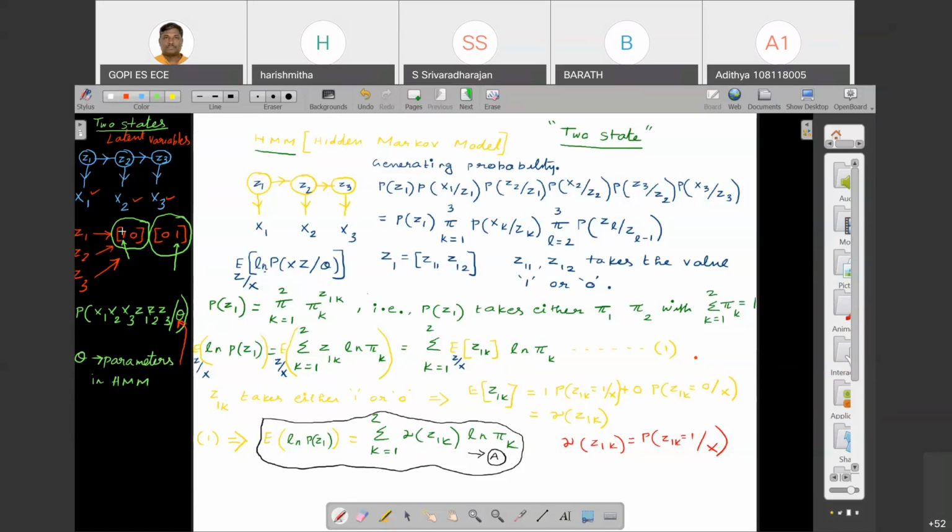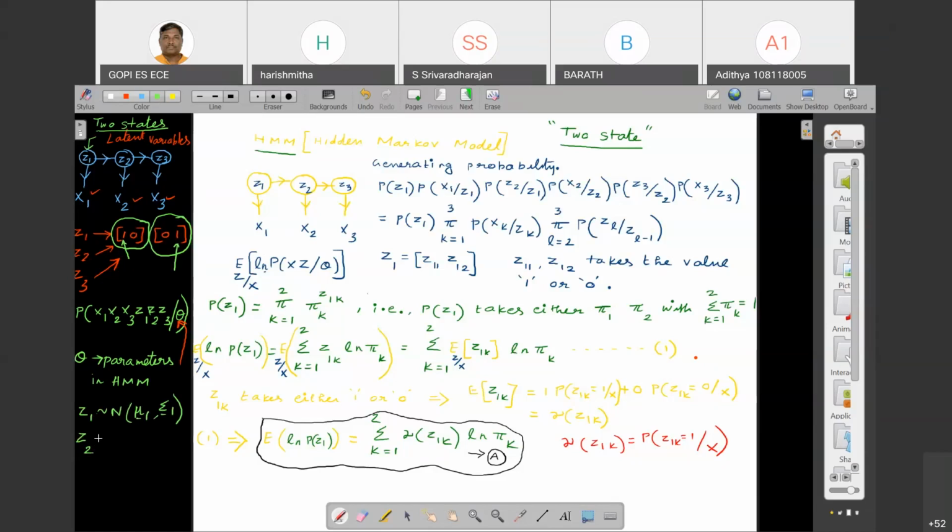The moment I say that x1 is generated from z1, we need to model it as some PDF. For example, if z1 is a state which has a PDF of normal distribution, it is going to have a mean vector mu1 and a covariance matrix sigma 1. And z2 is again a latent variable.